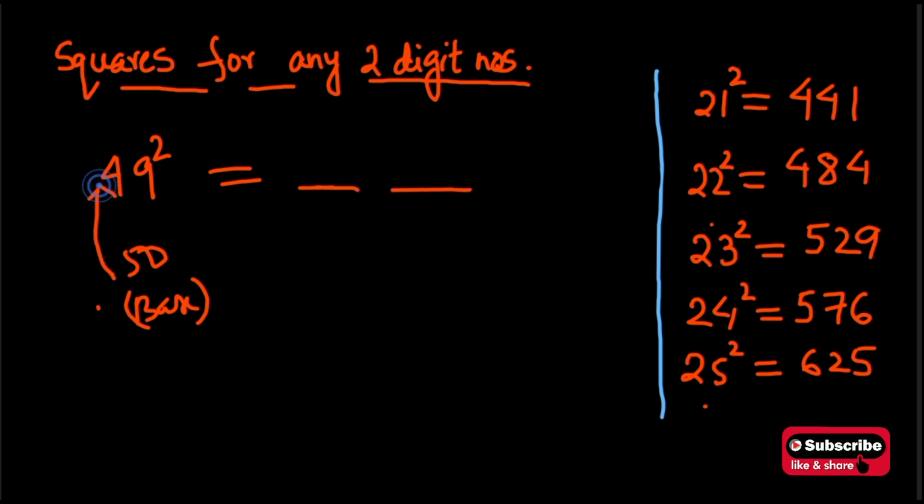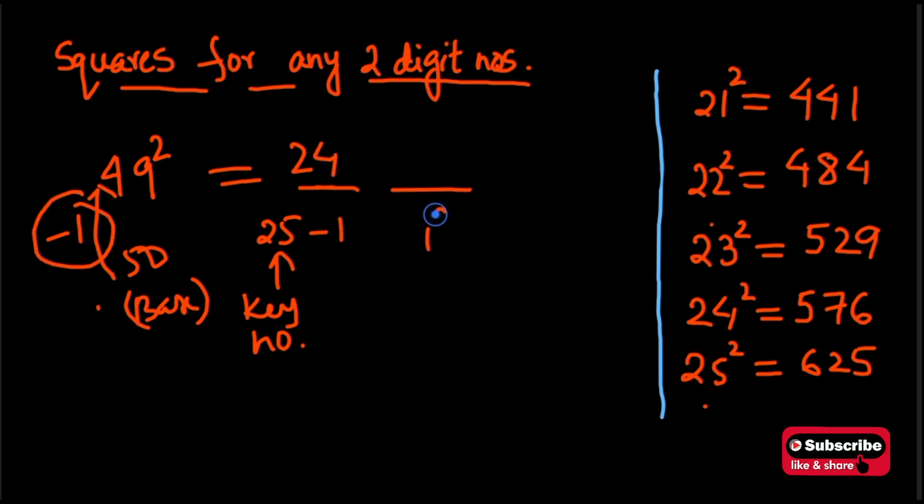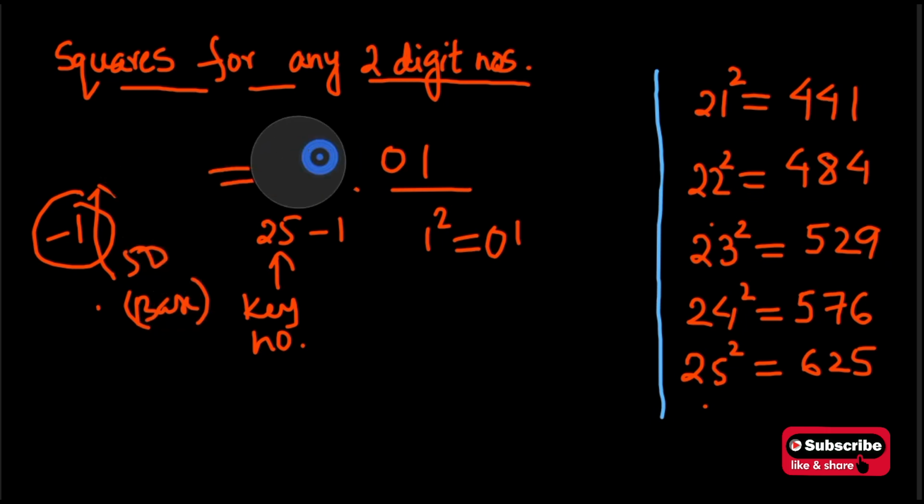So from 50, how much is it less? 1 less. So apply the rule of base 50. The key number is 25 minus 1, so it will be 24. And then 1 square is 1, but it will be a 4-digit number, so we'll keep 0, so 01. This is how we have to calculate.